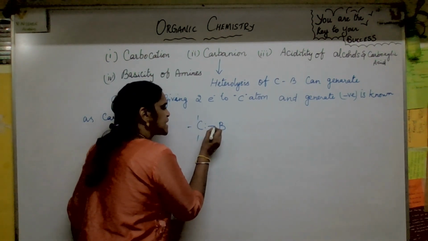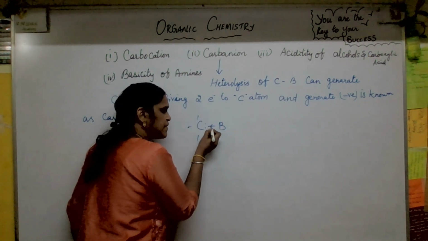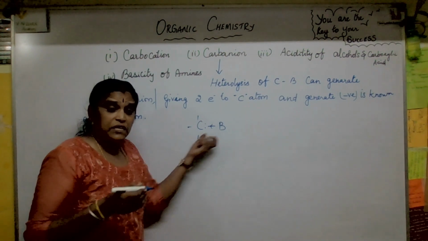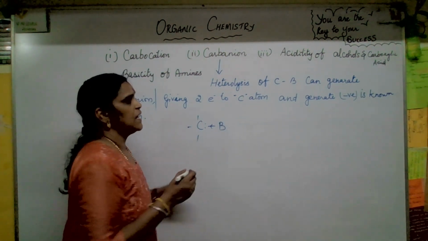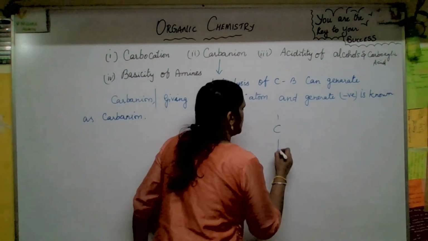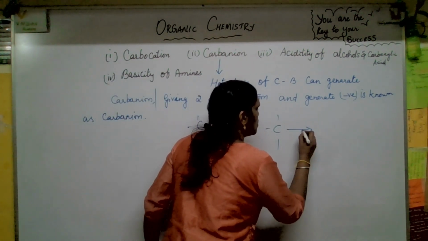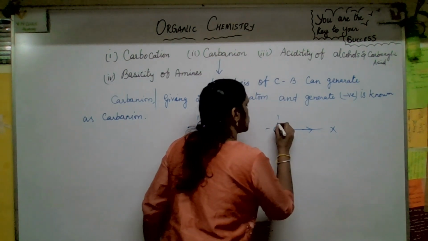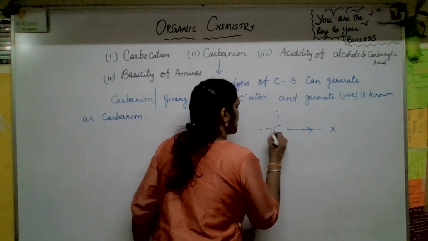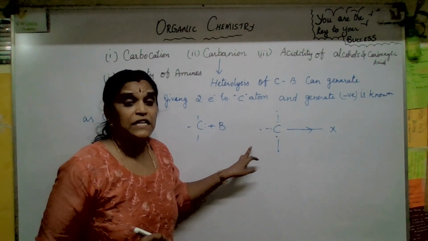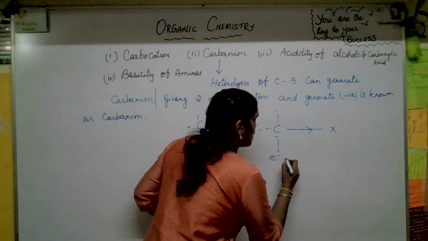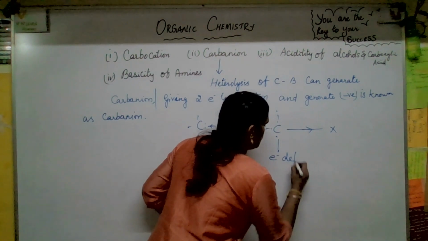Now, the base has more electronegativity, so the electrons are attracted by it. So naturally, in the carbocation, the electrons are going towards that halogen, so 6 electrons will be there. So naturally you are getting electron deficient, electron poor.